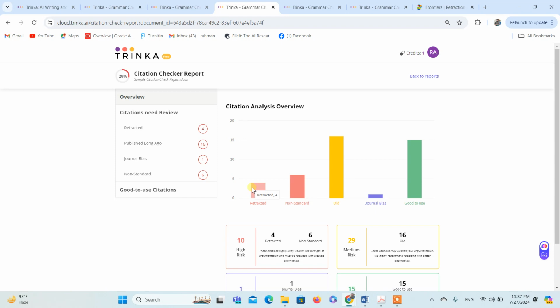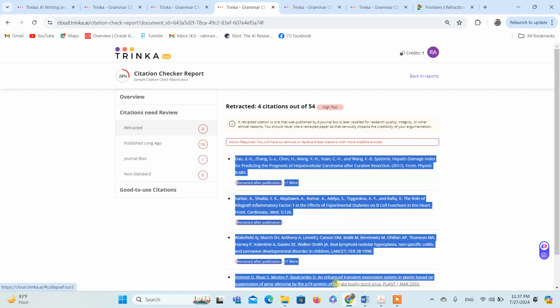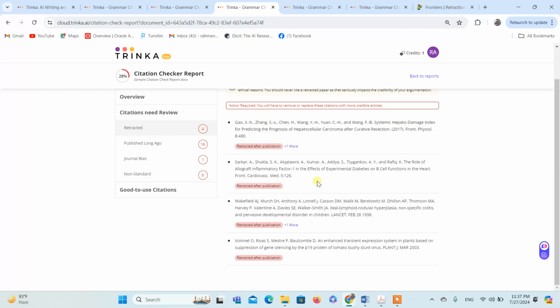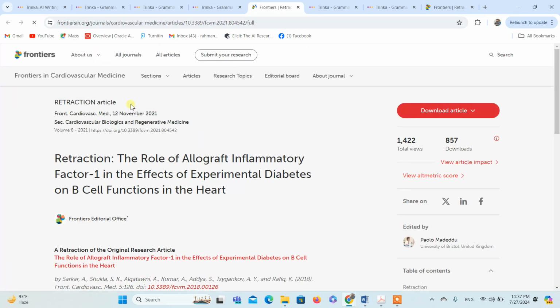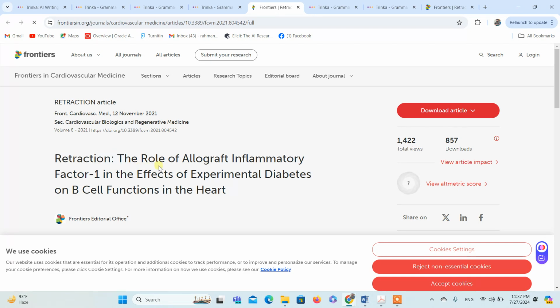Retracted journals and sources are those which have been retracted by the journal. For example, these are references that have been cited, but they no longer exist because they have been retracted by the journal. If you look into this paper and check it online, it is published in Frontiers journals, and it has been labeled by the journal as retracted.